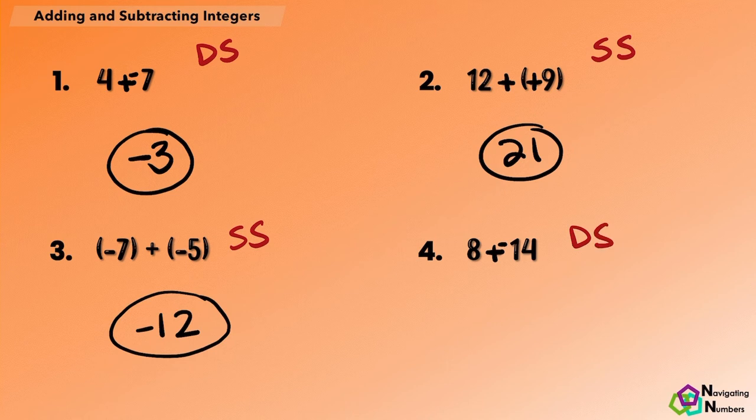You have a positive and a negative. So we subtract 14 minus 8. 14 minus 8 is 6, and because we have a positive 8 and a negative 14, here you can see the 14 holds more weight, so that's a negative. So my answer is negative 6.